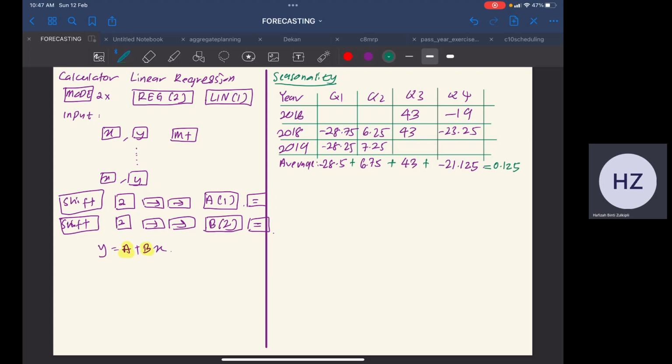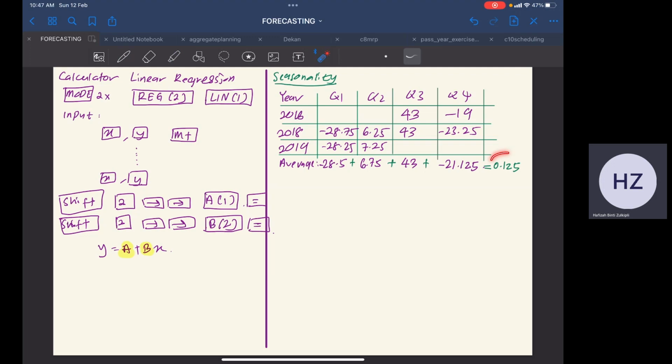The answer for the summation is 0.125. So this value is not equal to 0.